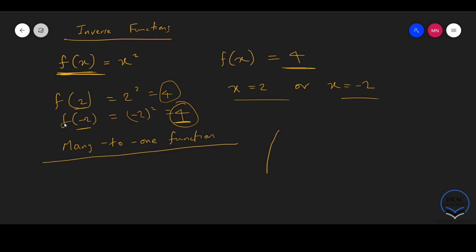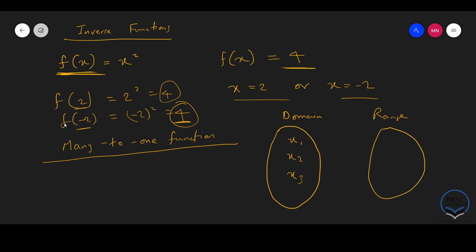We can have the domain with elements x1, x2, x3, and the range of the function f of x with y1, y2, y3. Now it is possible for x1 to correspond to y1, x2 to also correspond to y1, and x3 to correspond to something else, maybe y3. This is the definition of a many-to-one function.